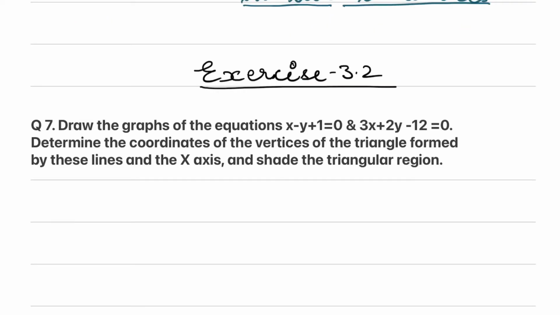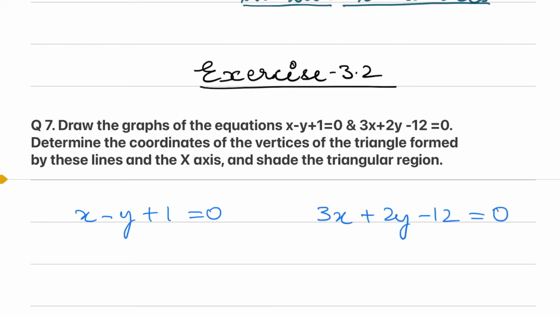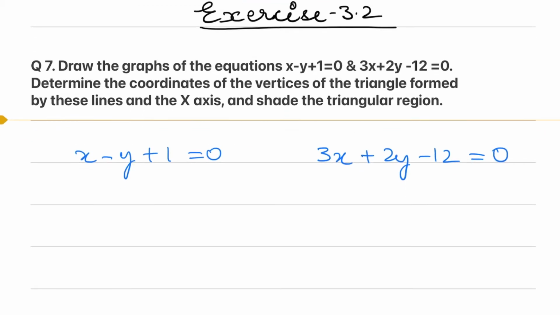We have two equations here. We have x minus y plus 1 is equal to 0, and we have 3x plus 2y minus 12 is equal to 0. So these two equations, let's find out the coordinates.